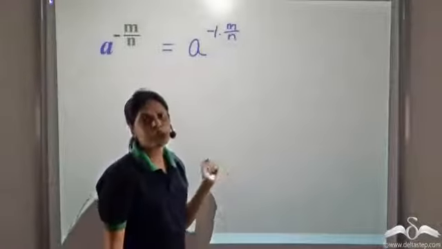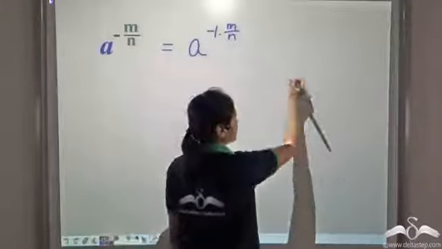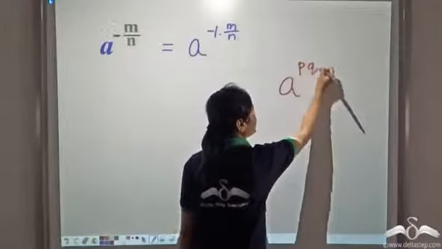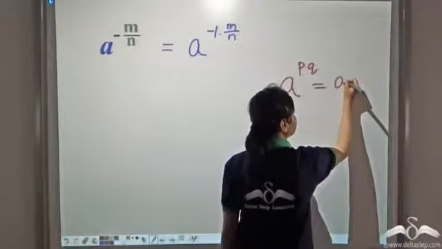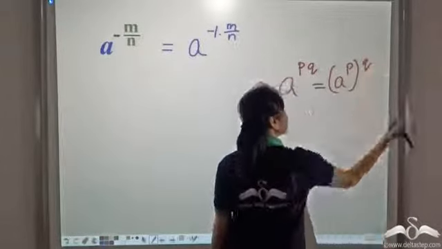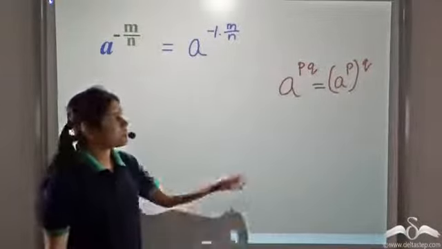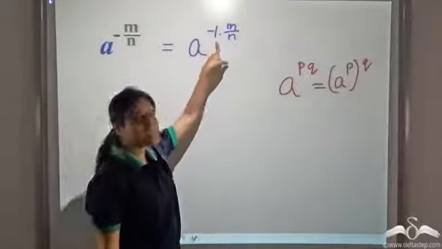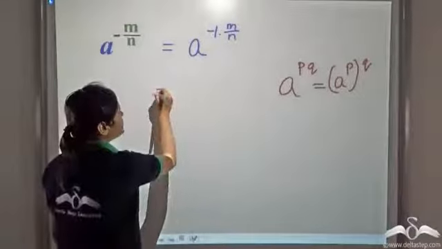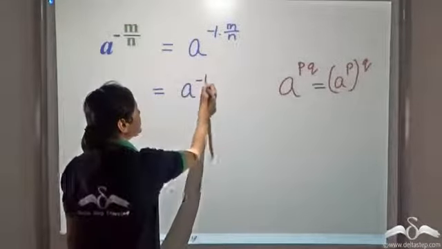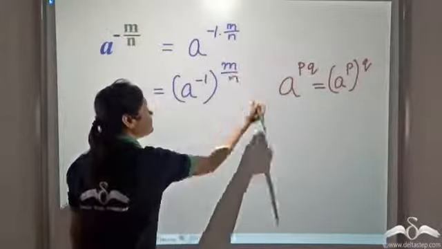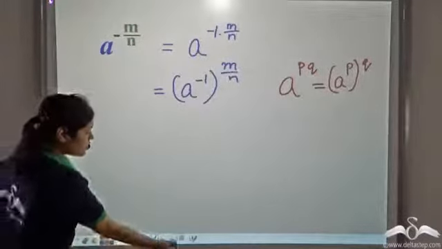And we know from the laws of exponents that a to the power pq can be written as a to the power p whole raised to the power q. So a to the power minus 1 into m by n can be written as a to the power minus 1 whole raised to the power m by n. So this is what we have.